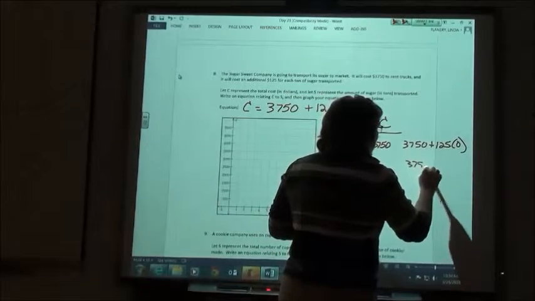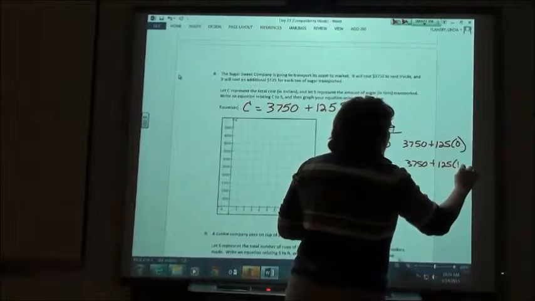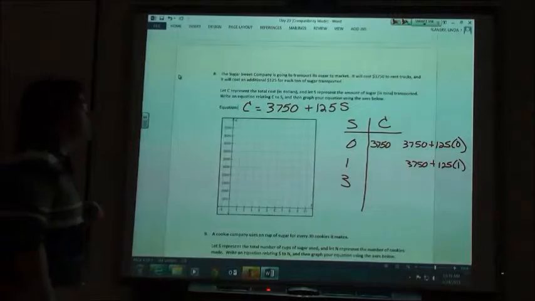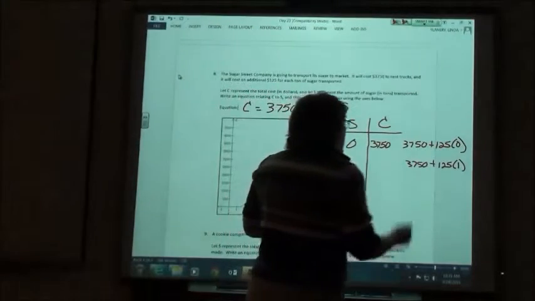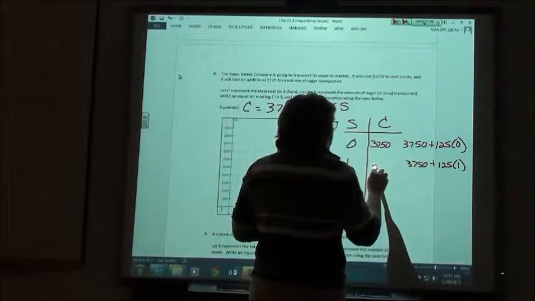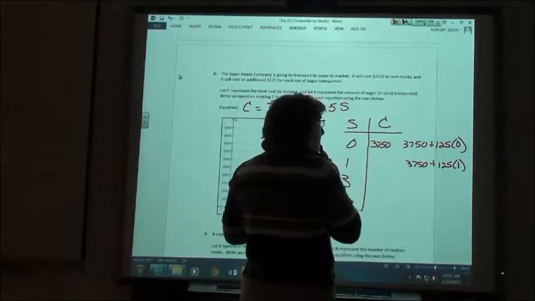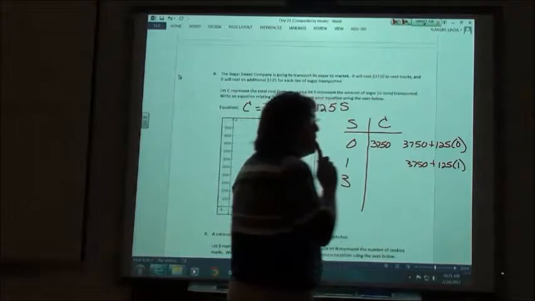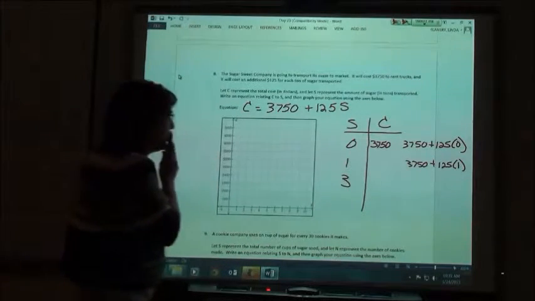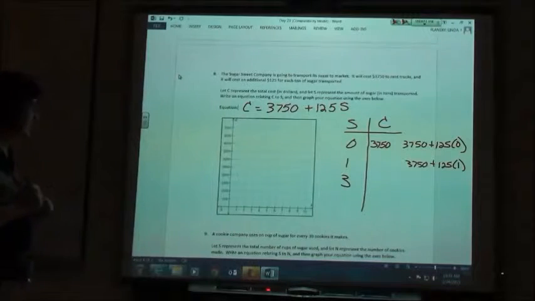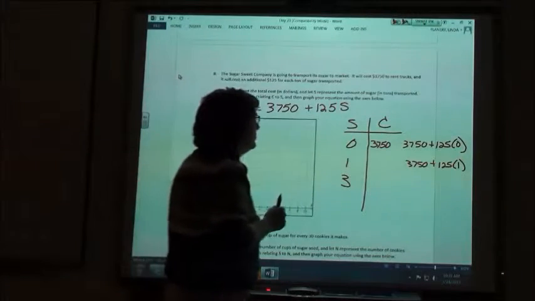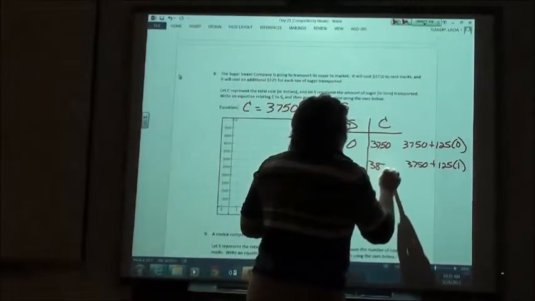Then 37.50 plus 1.25 times 1 equals 38.75.